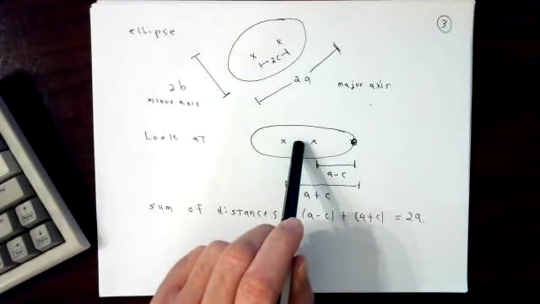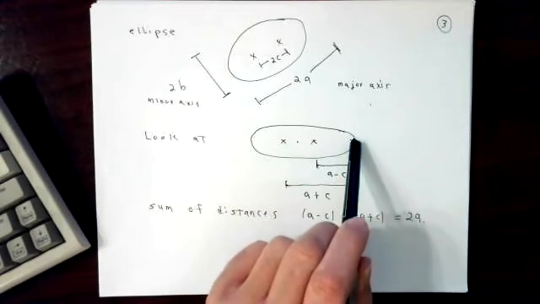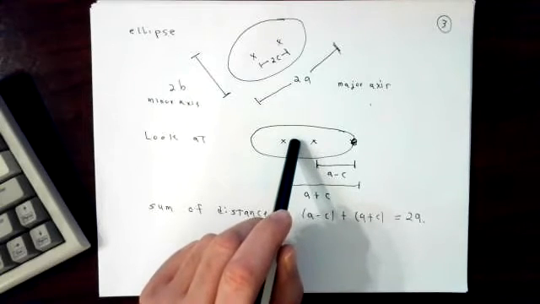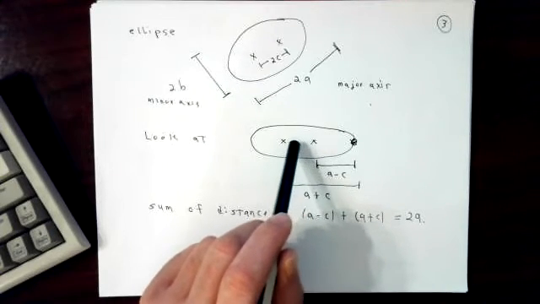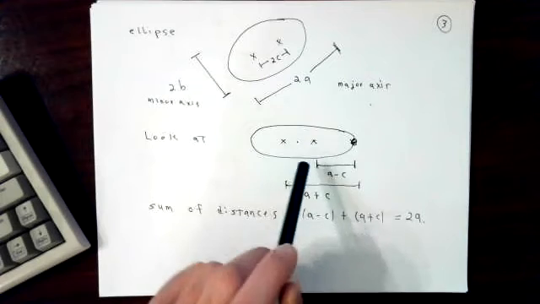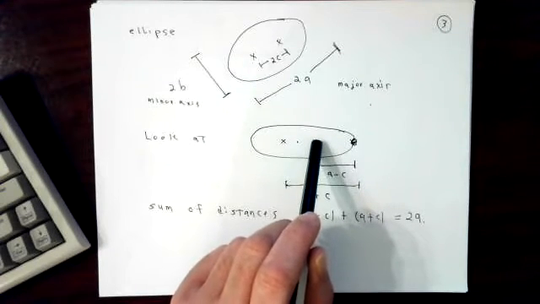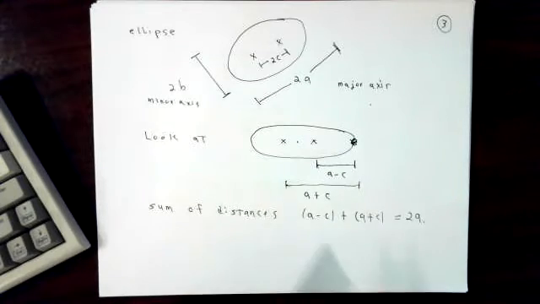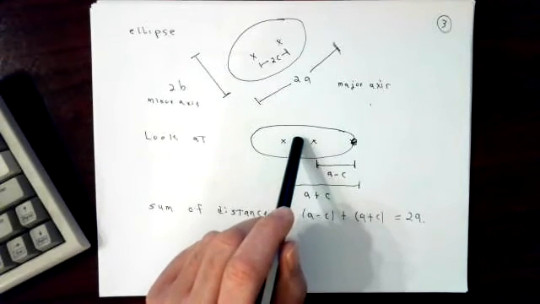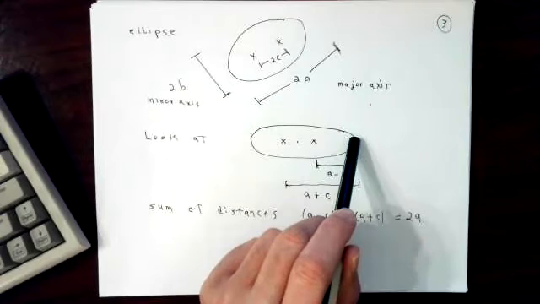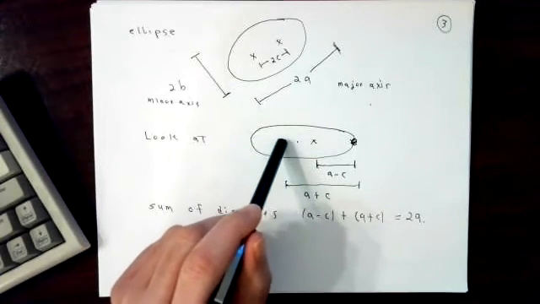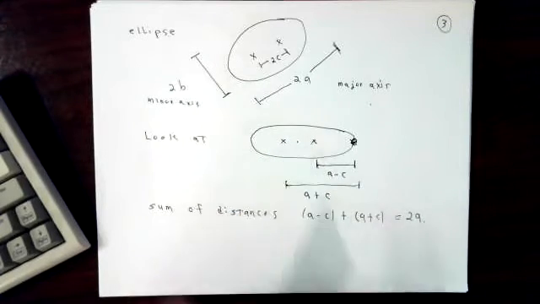This is the center of the ellipse, and if I go all the way to the right as far as I can, I've got a distance of A. If I sit in the middle and I go to one of the foci, I've got a distance C. So the distance from this focus to this point must be A minus C. Also, if I start here and go as far to the right as I can, I have A units of distance, and then an additional C units of distance here.